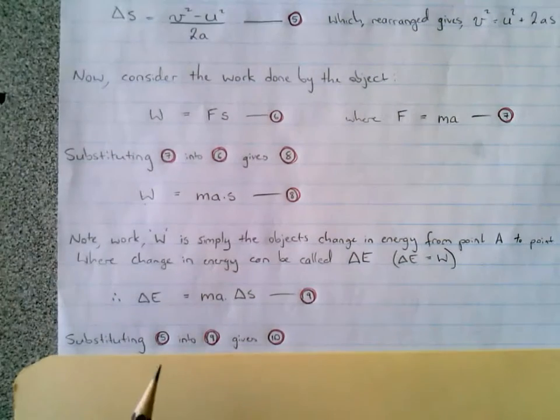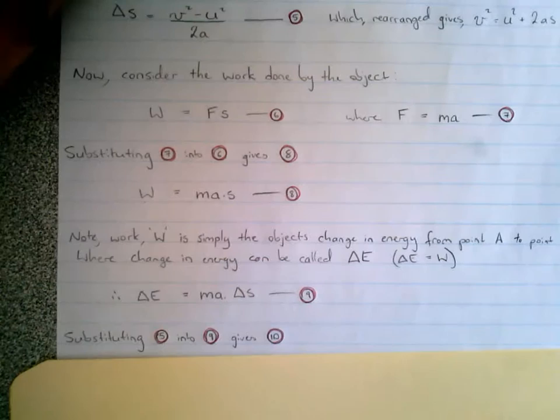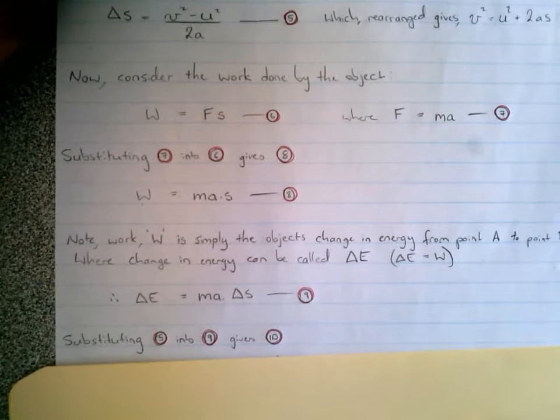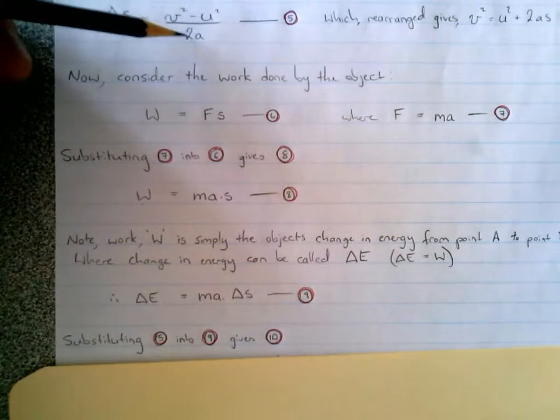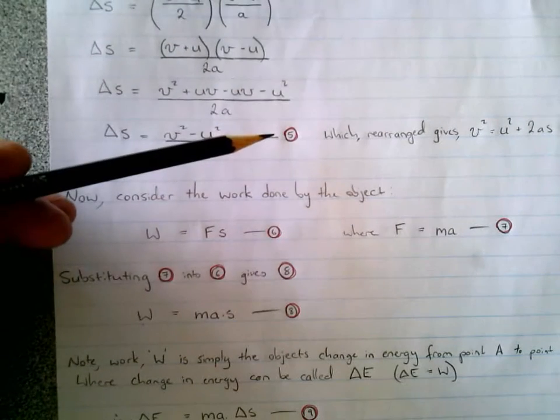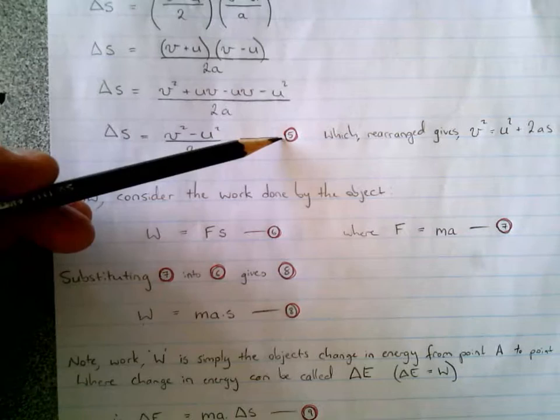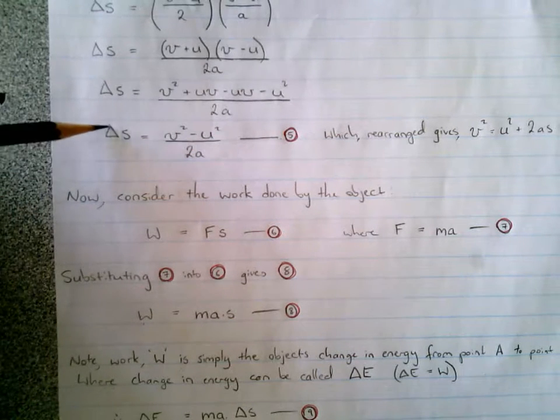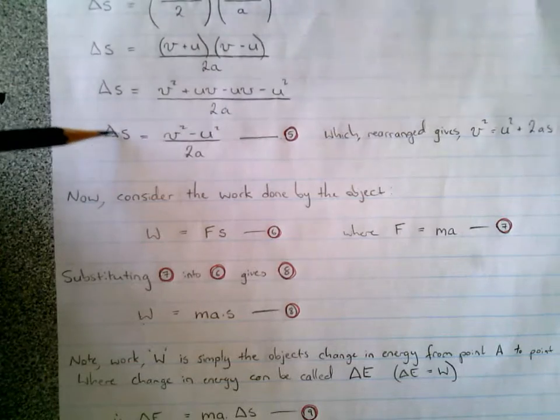What I'm going to do is substitute equation 5 into 9 to give me a new equation, which I'm going to call equation 10. Now, equation 5 is back up here. Okay, so I'm going to scroll this back up. Equation 5 is up here, and it's giving us a change in displacement.